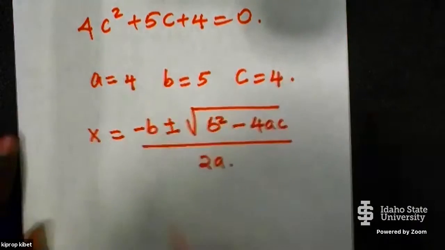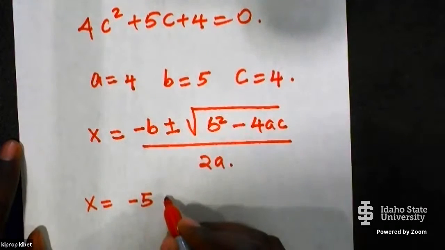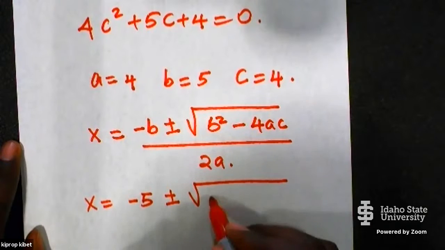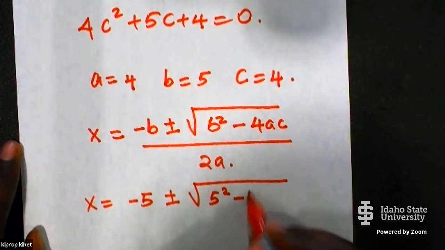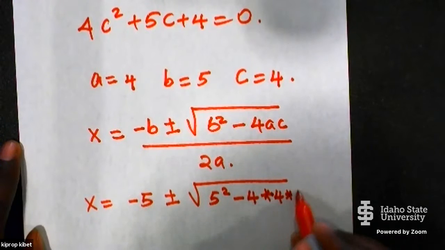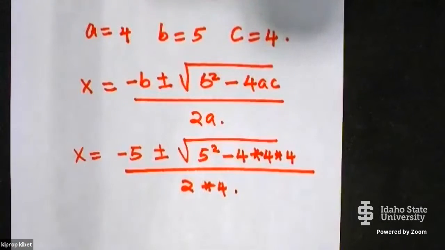Now our b is 5, so x equals minus 5 plus or minus the square root of 5 squared minus 4 times 4 times 4, all over 2 times 4.